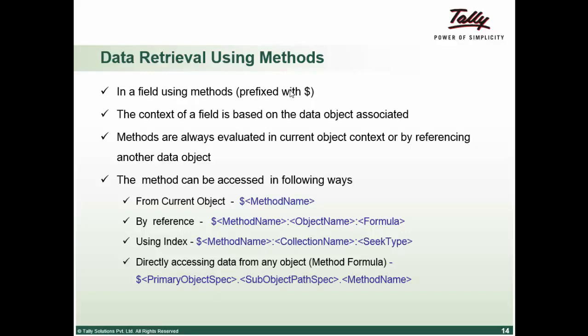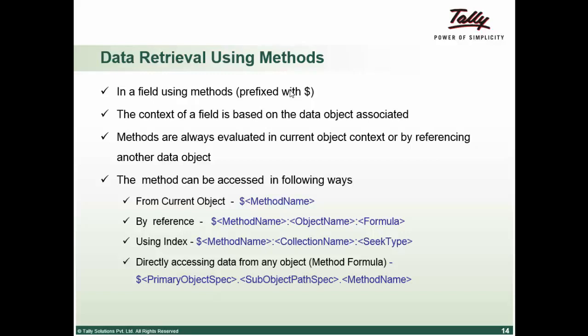In case it is by reference, where the user is not in the context of the object directly or is in a different object context, the user can make use of the reference to fetch the value from the different object. In cases where the user is not in the object context or is in a different object context, then the values can be used by index.